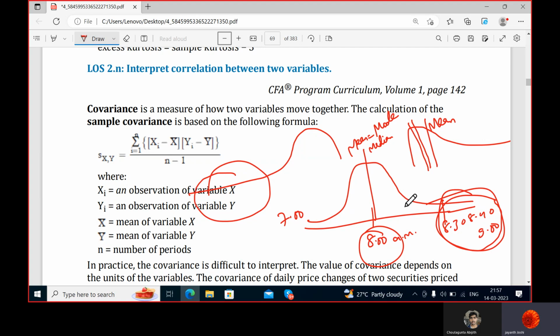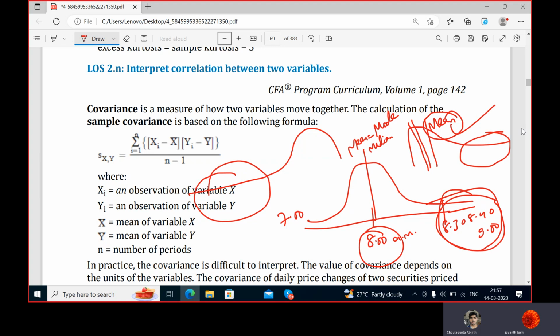So which is the one getting affected because of extreme observations? The mean. That's the reason why the data is very skewed. A lot of the time you're coming very late, and that is the reason why the normal distribution curve changes to this. It's called a right skewed curve, and this is called a left skewed curve.